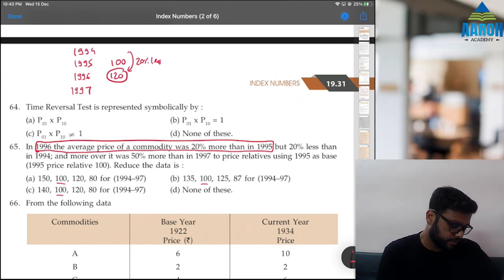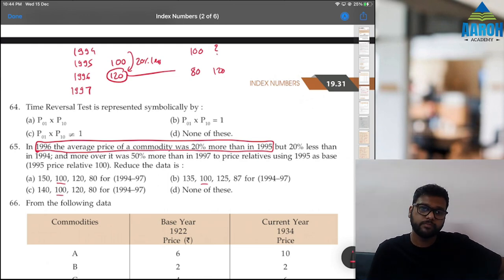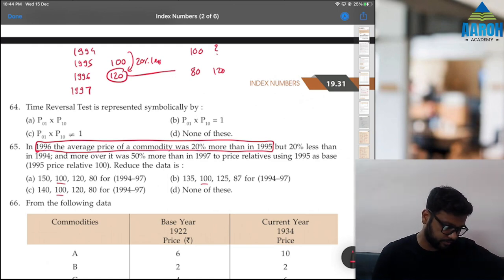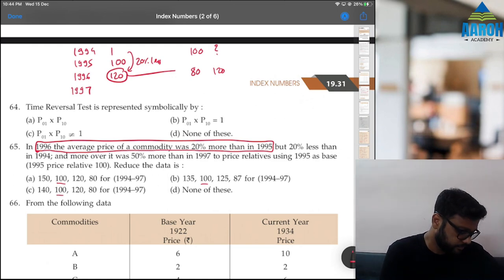That means if this was 100, then this is 80. But now this is 120. So how much will this be? 120 by 80%, that is 150. Correct.